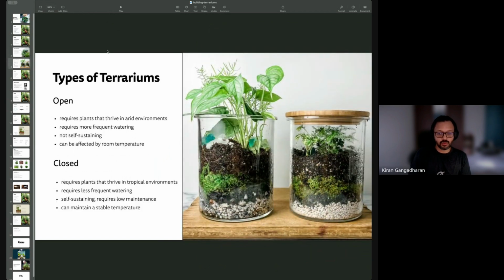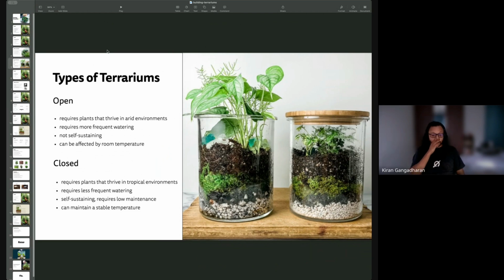So fundamentally, the difference between open and closed is just the environment that your plants will grow in, right? In an open setting, you need plants that can thrive in arid environments. You could say an open terrarium is essentially like a pot in your garden.